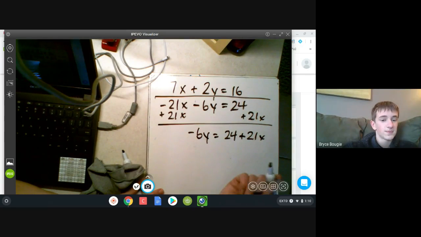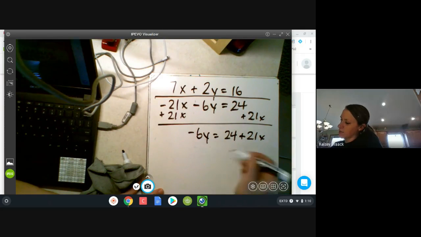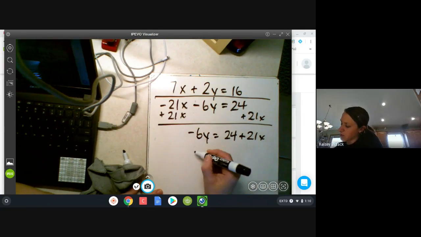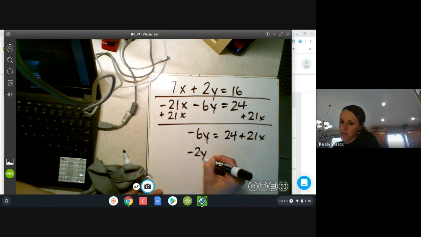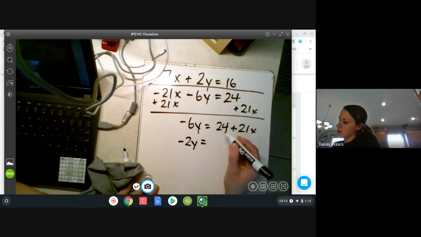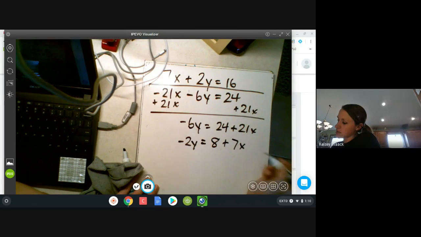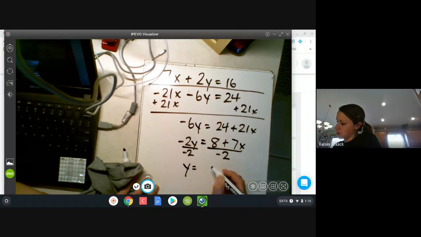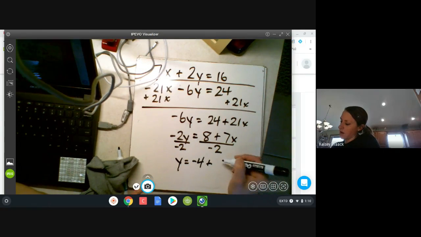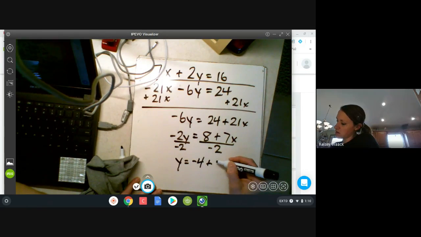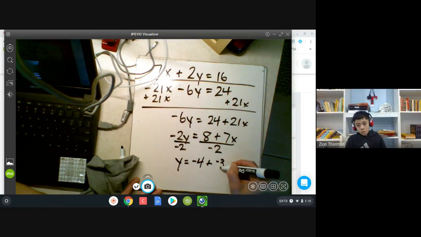Even if I start by dividing everything by 3 to make my numbers a little bit smaller, I get negative 2y equals 24 divided by 3, 8, plus 7x. So if I divide by negative 2, y equals negative 4 plus 3.5, negative 3.5x. Is that right? Yep.